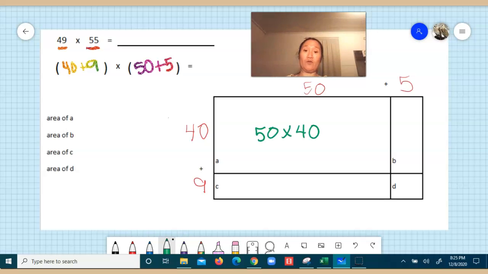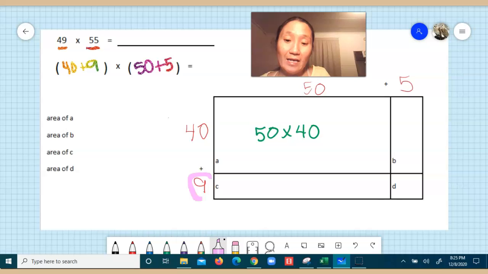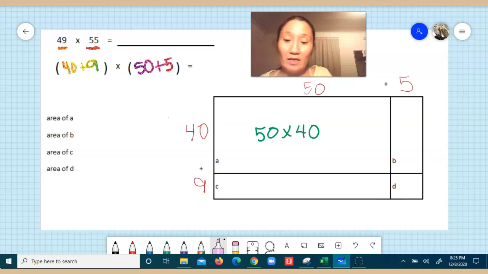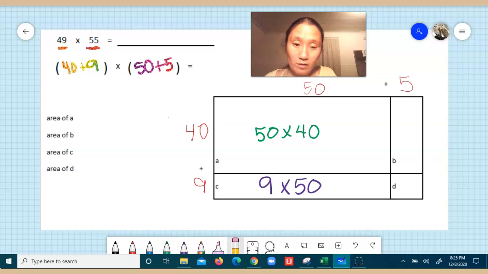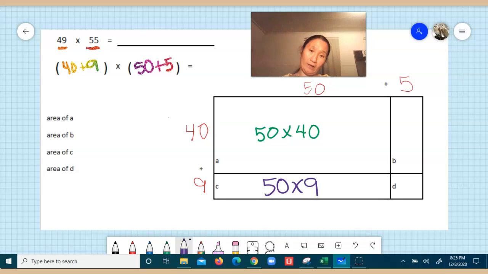Either way is perfectly fine, okay? Then you're going to take your 9 and put it in the box, and then you're going to take your 50 and put it in the box. And this equation will be 9 times 50, or you could write 50 times 9. Either way is fine.